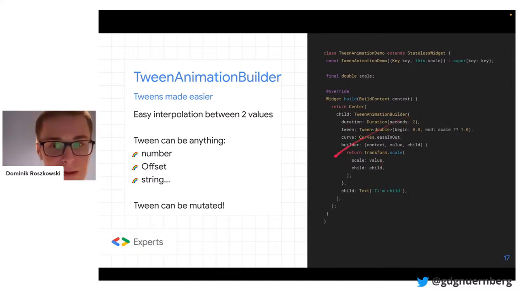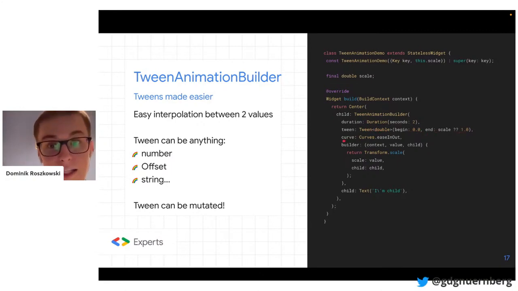Because similarly to animated builder, it has a child and a builder, and child will be only built once, and the builder will only be called when the Tween Animation Builder's built-in animation controller tells it to. What you do here is that you define the duration, you define the tween that you want to apply. In this case, I just applied a linear tween of 0 to 1.